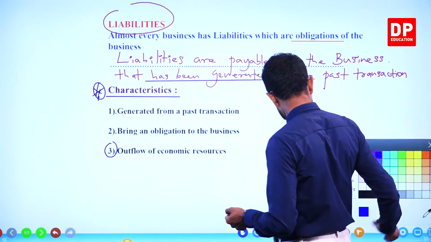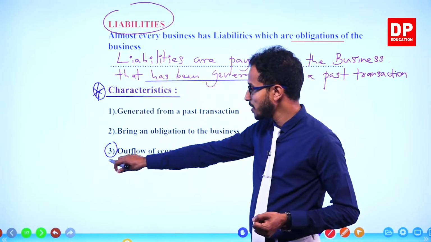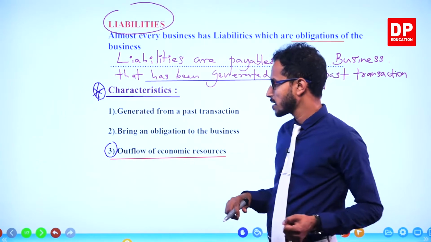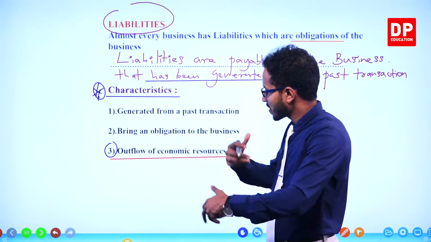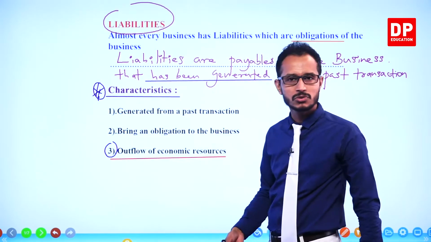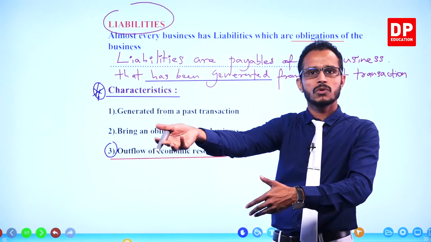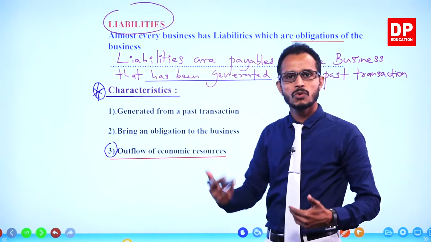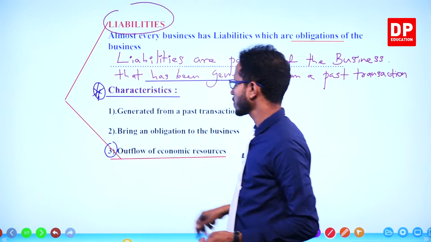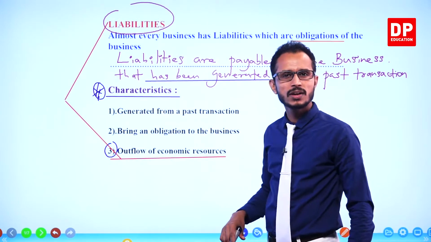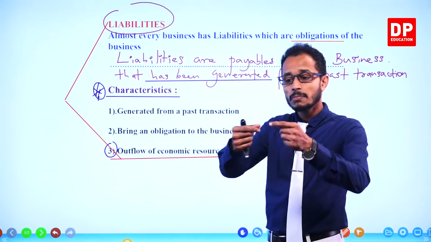But in this case, children, liabilities result in creating an outflow of economic resources. They create an outflow, not an inflow. Liabilities. What does it mean? It means, children, when you have liabilities, you have to pay them back. To pay them back, you have to spend your cash.